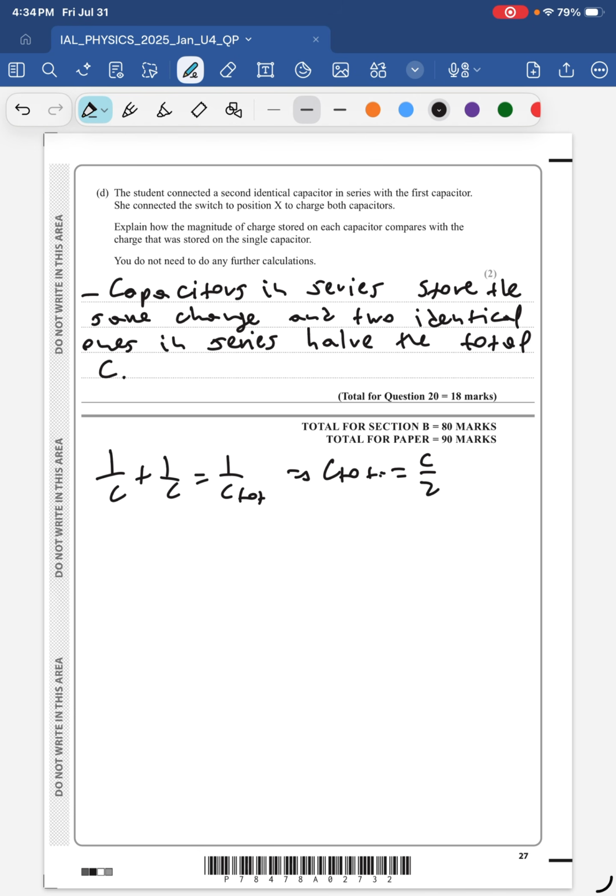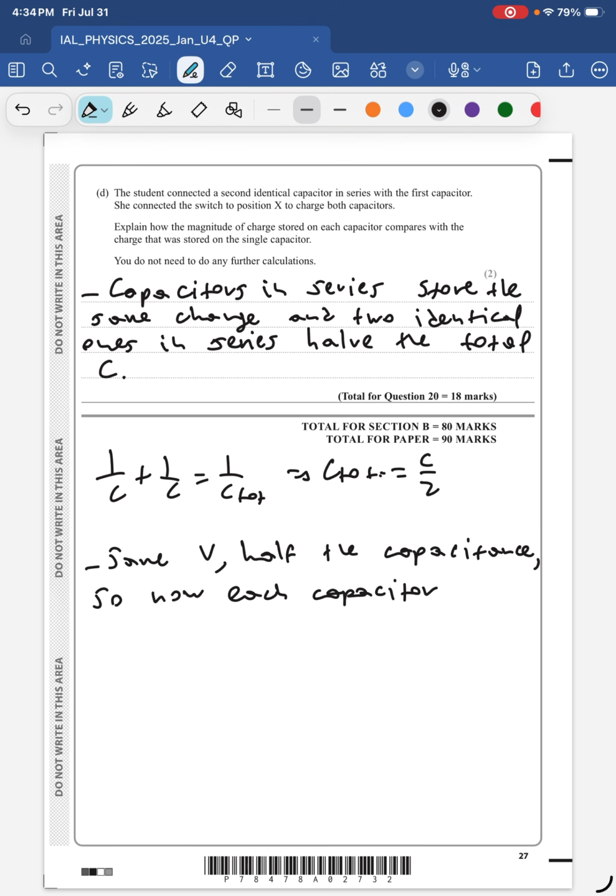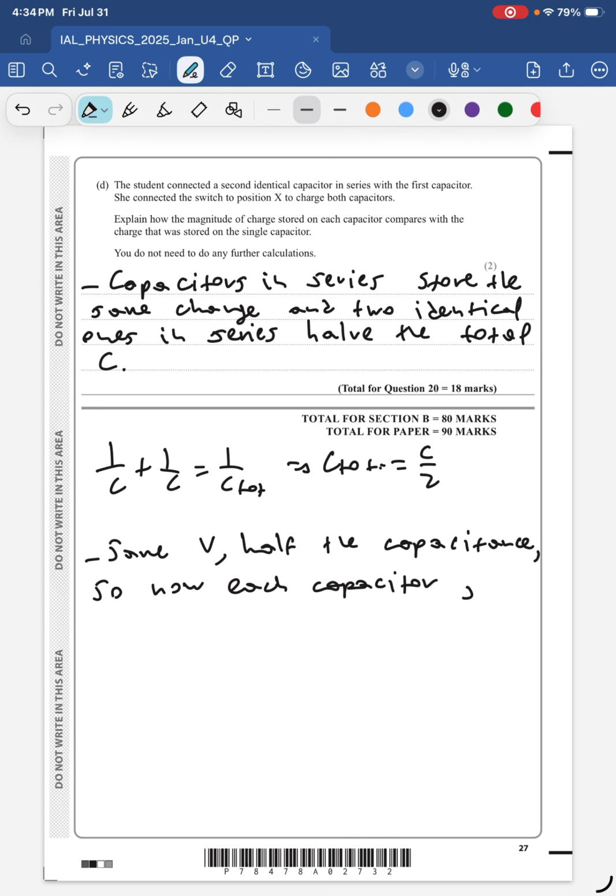So same voltage, same V, half the capacitance. So now each capacitor stores half the original charge.